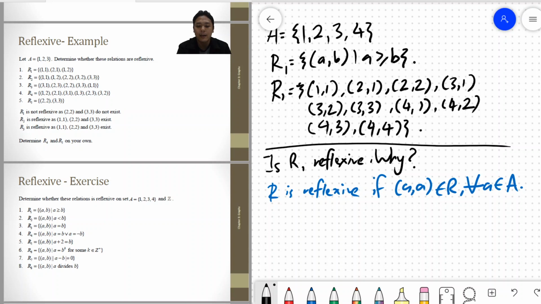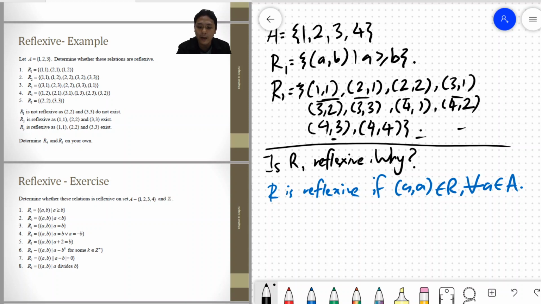Right now, is R1 reflexive? Right now we have 1, 2, 3, 4. Based on our previous discussion, it must have (1, 1), (2, 2), (3, 3), and (4, 4) in order for it to be reflexive. When you already list down all the possible ordered pairs of R1, then you can see that it is reflexive or not.